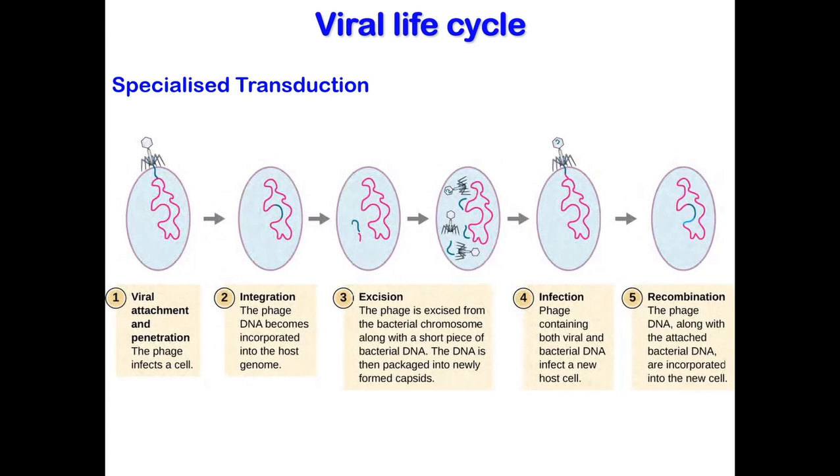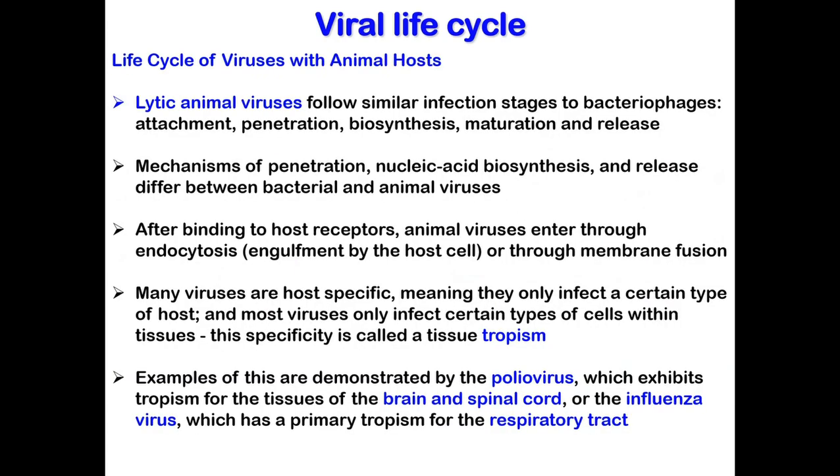Then the phage containing both viral and bacterial DNA infects a new host cell. This is seen in step 4. Then the last stage, stage 5, recombination, the phage DNA along with the attached bacterial DNA are incorporated into the new cell. So now we'll move on to the life cycle of animal viruses.